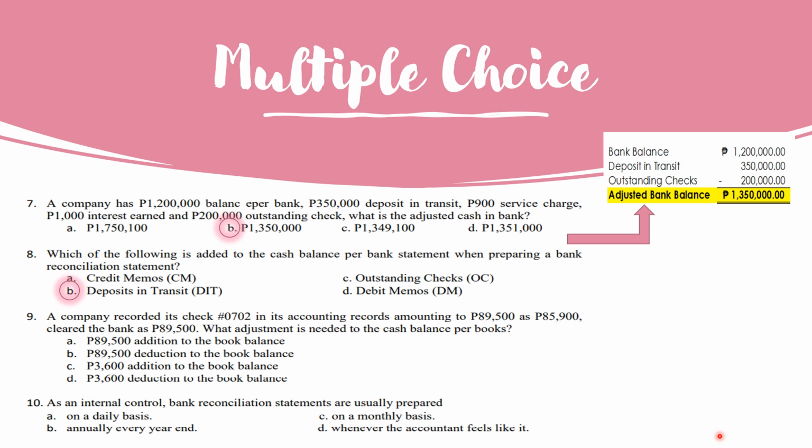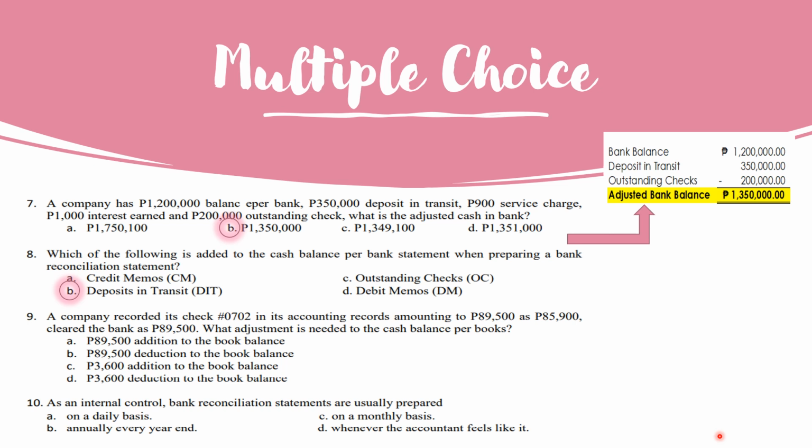E pagdating sa bangko, si supplier mo, dineposit niya, na-clear na yung payment mo, 89,500 yun nabawas sa bank account mo. Tama? Ang recorded lang sa libro mo as expense or as a reduction sa cash is 85,900.